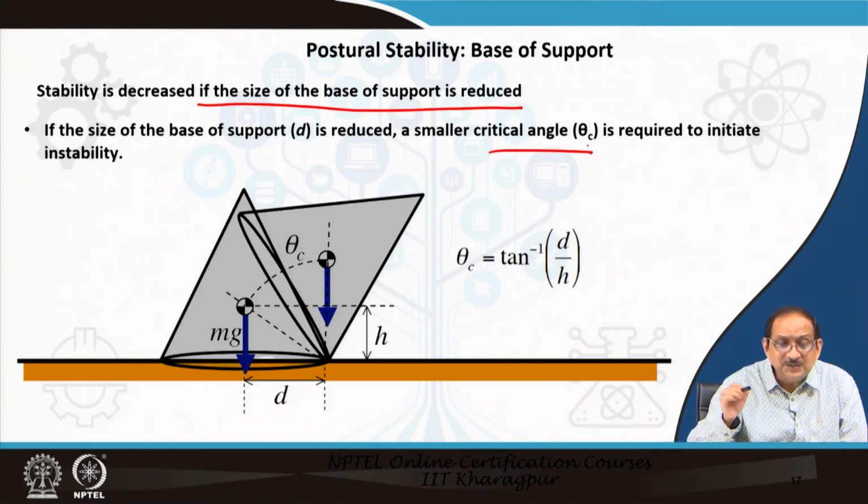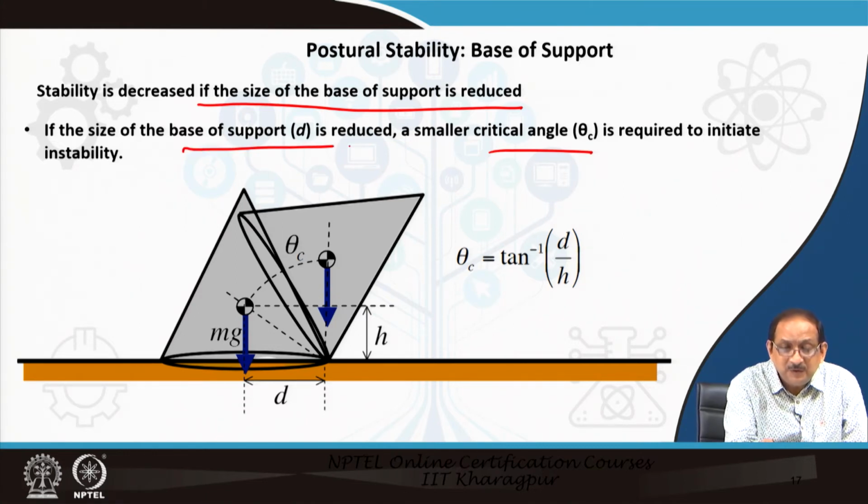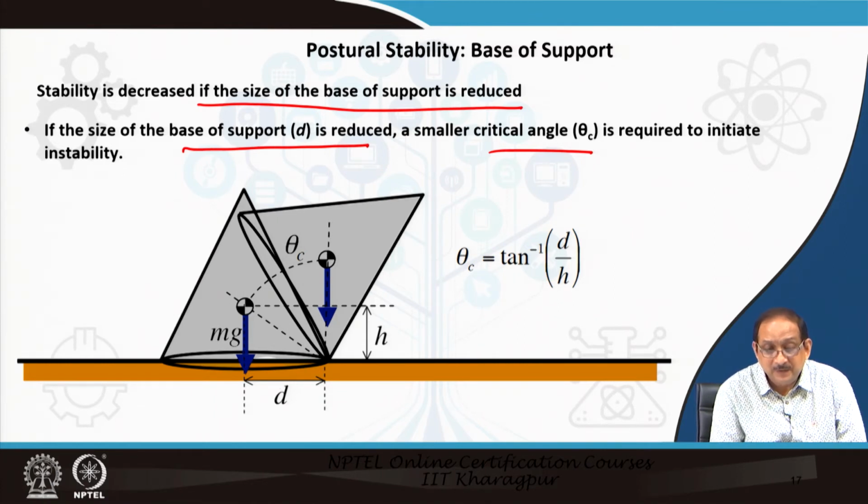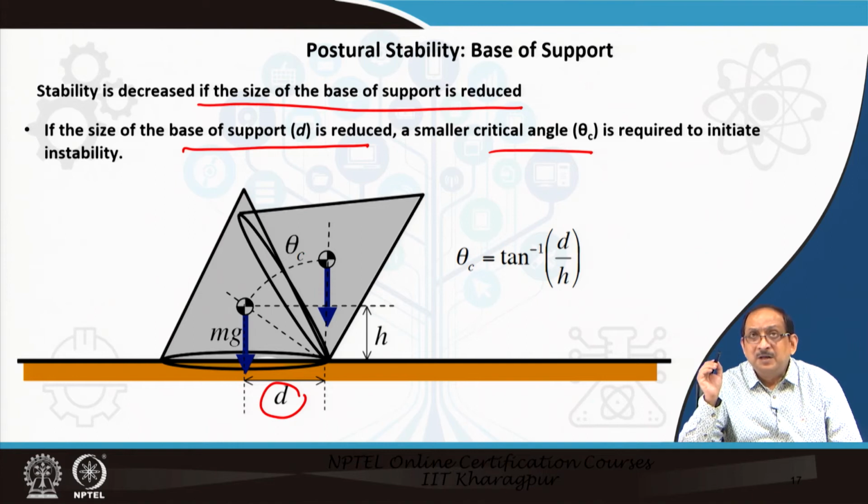If the size of the base of support D is reduced, as seen here in the figure, a smaller critical angle will be required to initiate instability.